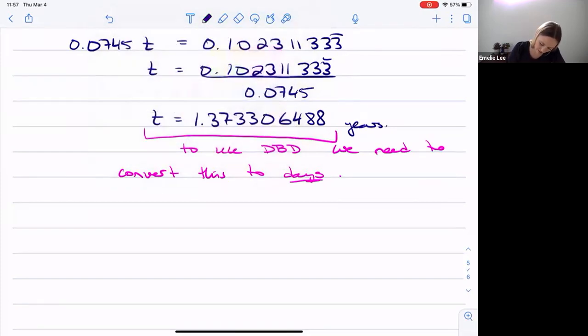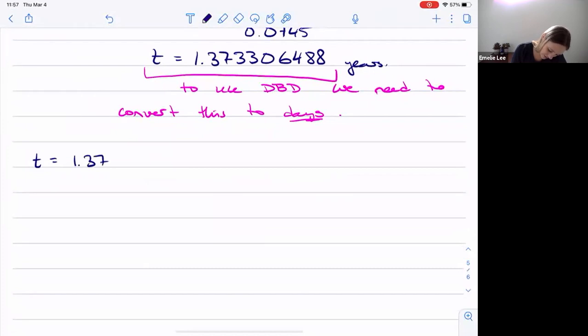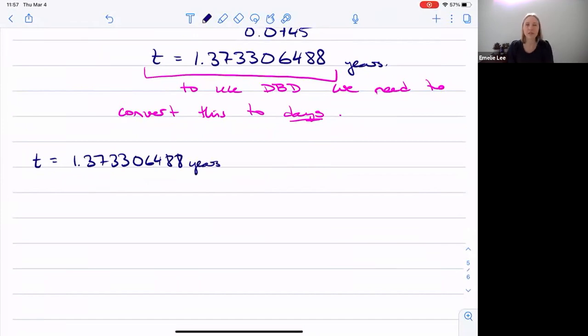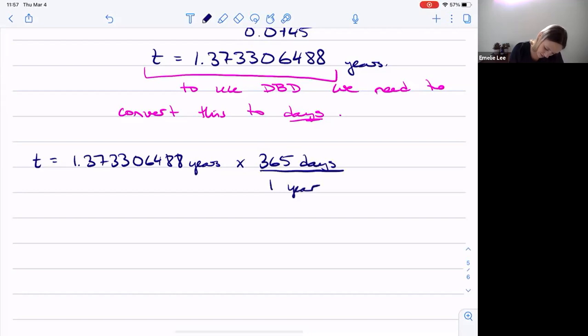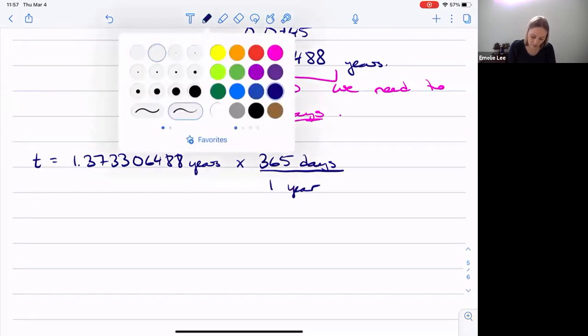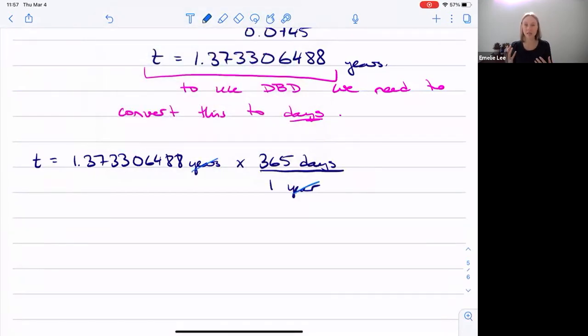So t becomes 1.3733064888 years, and make sure you keep all these decimal places. To convert, I want to cancel out the years, so I multiply by 365 days over 1 year, 365 days per year. That's technically what's going on.